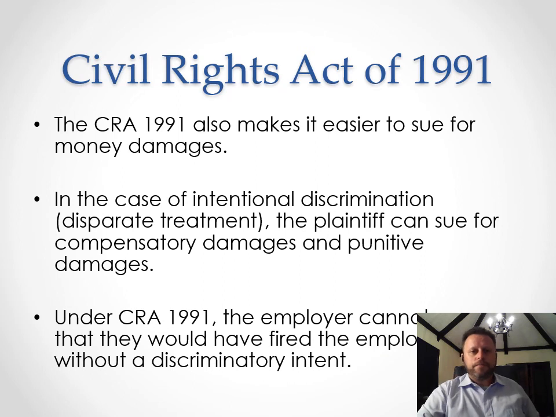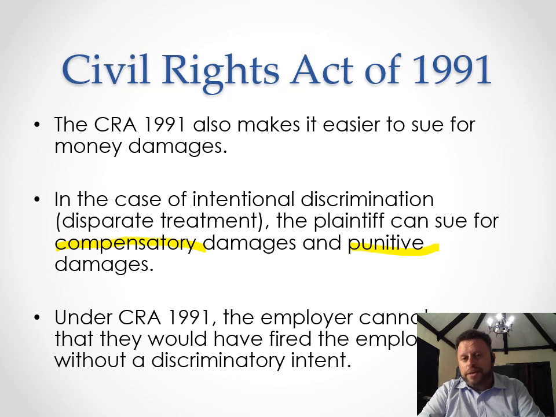More on that later. So it also makes it easier to sue for money damages, because now you can sue for compensatory and punitive damages. This would make a lot more sense if you took my business law class. You would understand what these mean. But traditionally under Title VII, you could sue to try to get the job. But the problem is if the company is discriminating against a protected class, why would you want that job?